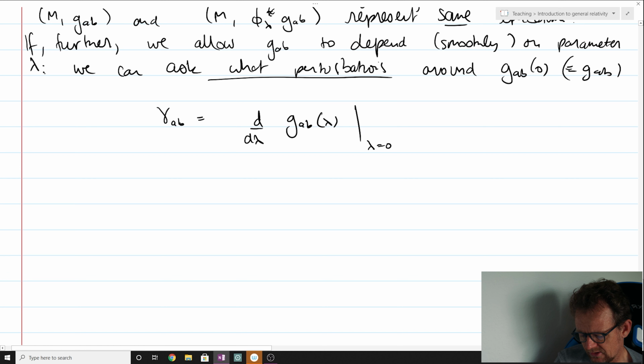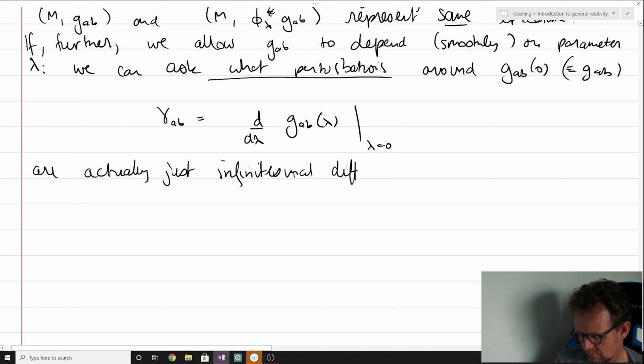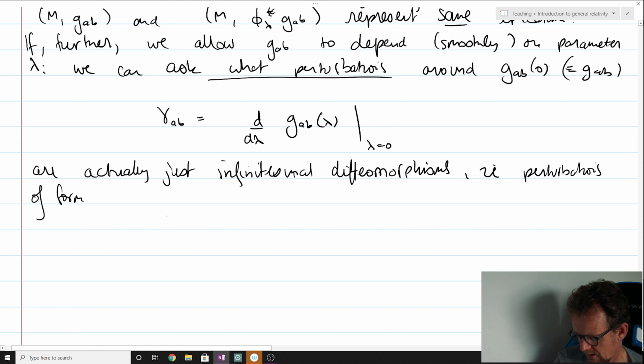We're going to ask what perturbations of this form are actually just infinitesimal diffeomorphisms, i.e. perturbations of the form gamma_ab prime is of the form d/d lambda, no longer of g_ab(lambda), not a general perturbation of the metric, but ones that are infinitesimal results of acting with our one parameter group of diffeomorphisms around lambda equals 0.